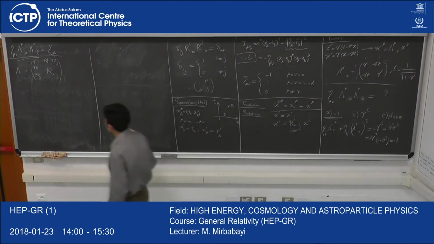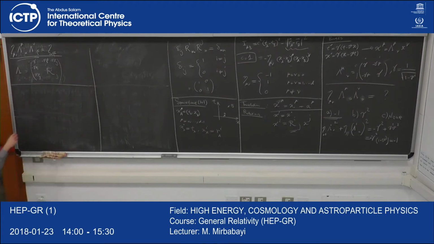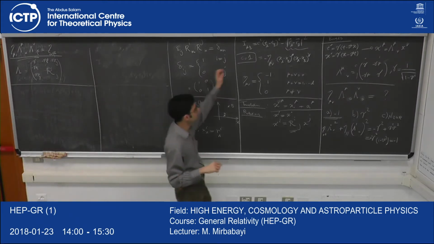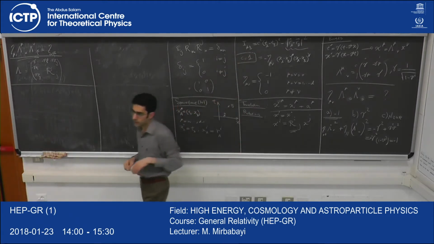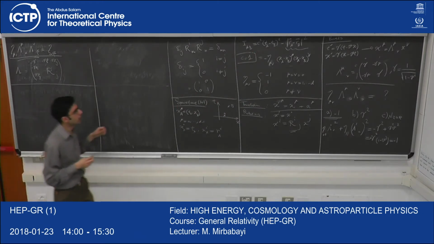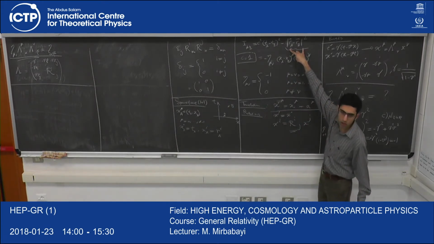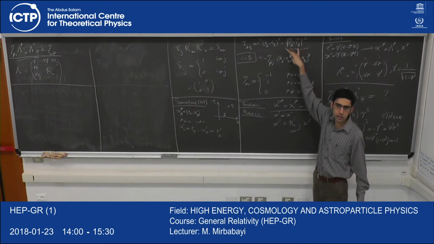Okay, so let's talk about the properties of this interval that we defined, the Lorentzian interval. Unlike the Euclidean distance, R squared, which was always positive, this interval is not sign definite.